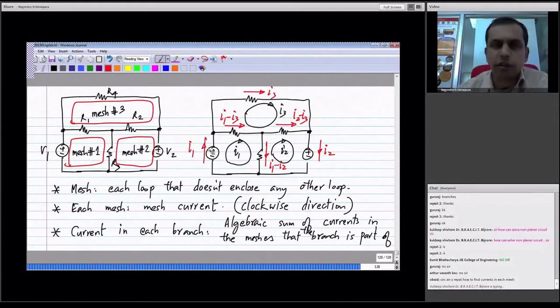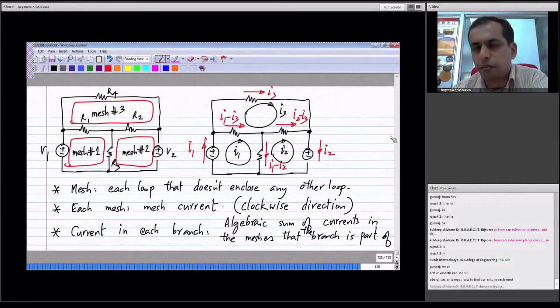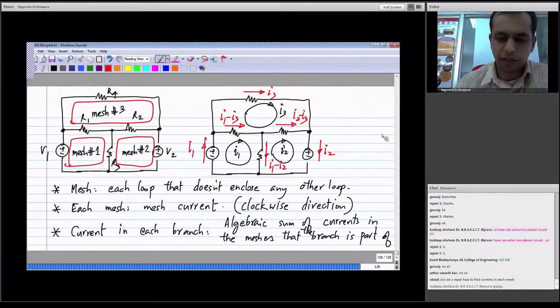Now, once we define the mesh currents and find the branch currents in terms of mesh currents, we can write KVL around each mesh.